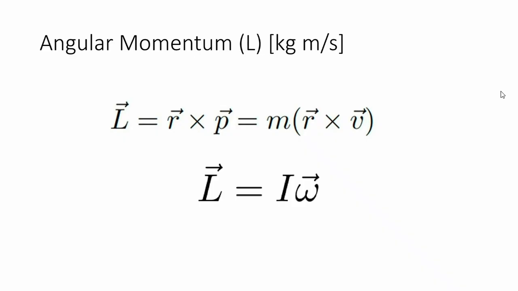And it turns out there's another way of thinking about that, and that's using the moment of inertia and the angular velocity. So another way to think about the moment of inertia, I, is that it's analogous to mass for linear motion. So you can think about mass as how hard is it for me to make something start moving linearly, and you can think of moment of inertia as how hard it is to make something start moving rotationally.